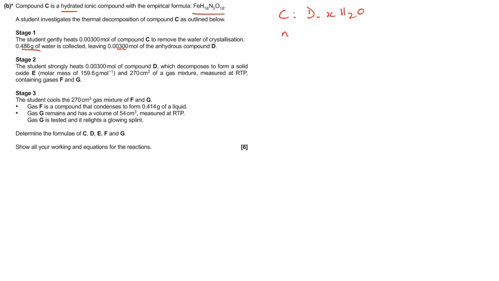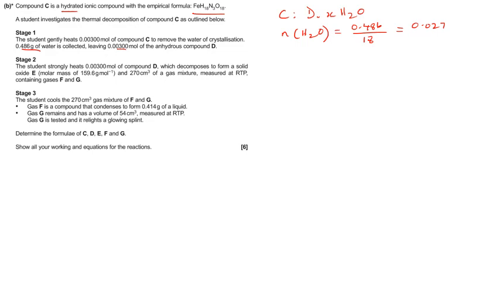Moles of water first: that's mass over Mr. So we've got 0.486 grams over 18, the Mr of water, and that comes out at 0.027 moles of water. And that is crystallized with 0.003 moles of D.